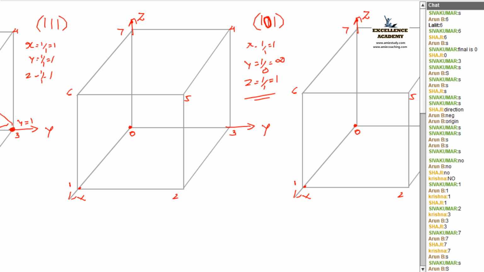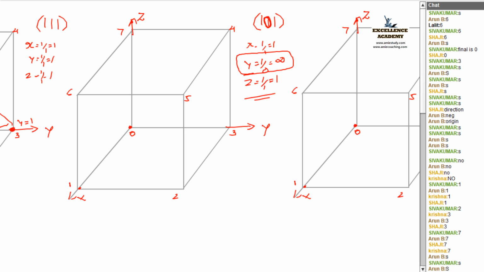If an infinity is there, leave that point initially. You have to plot the remaining axes first. So please plot the remaining axes.